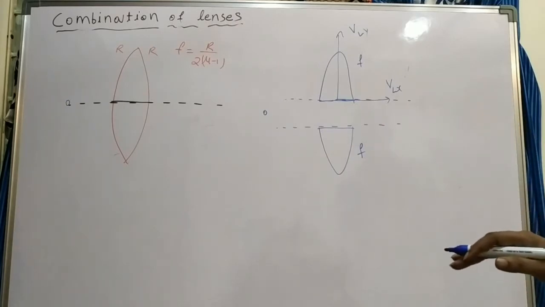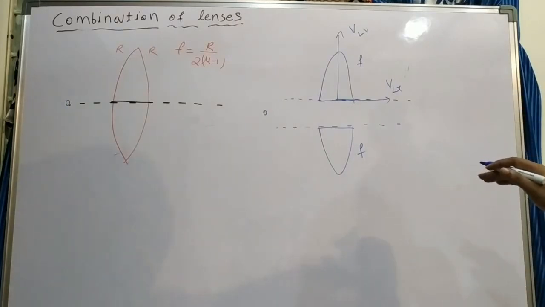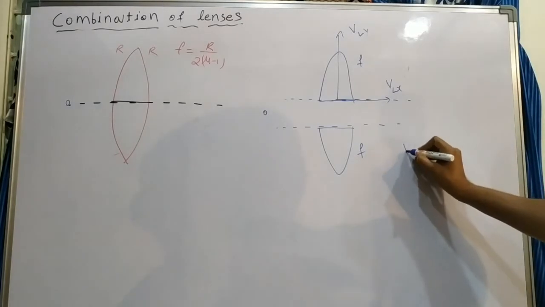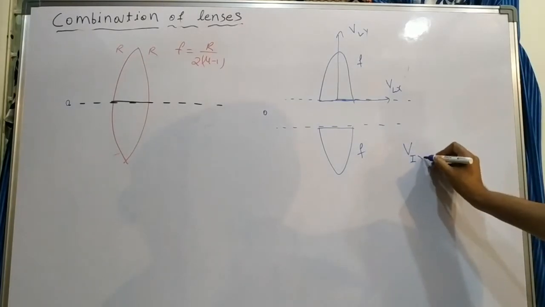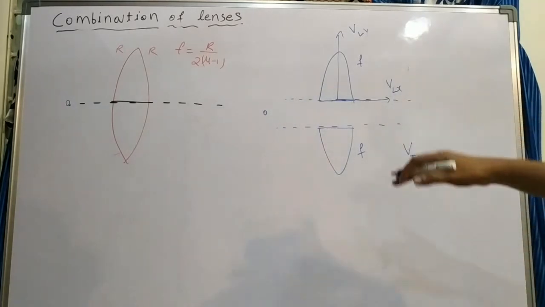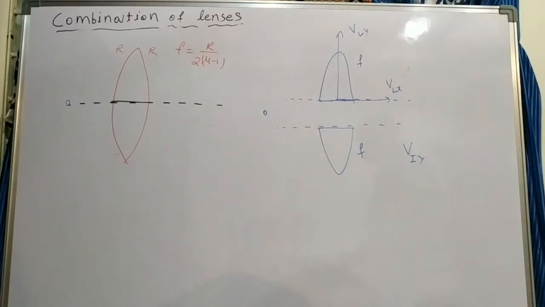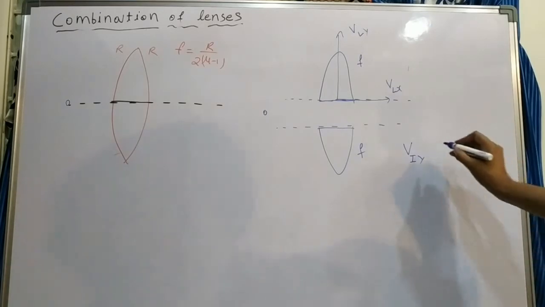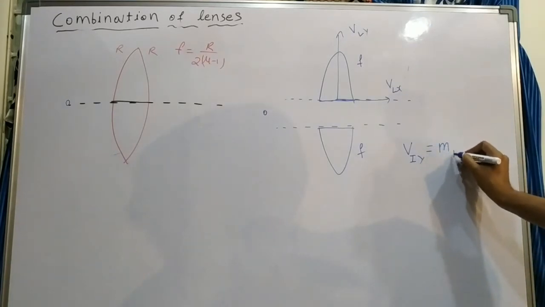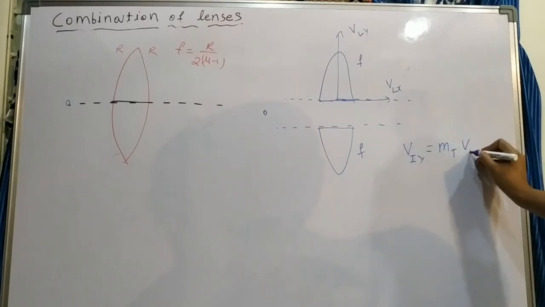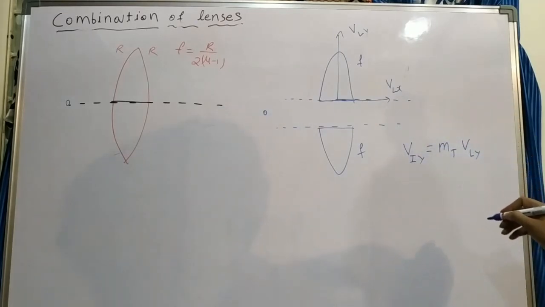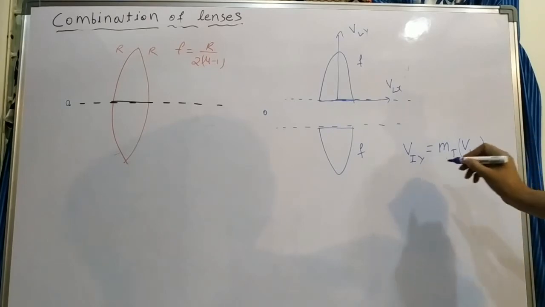We already discussed what the velocity of the image is. The velocity of the image in the y direction, nothing but the vertical direction, you can say transverse motion. For transverse motion, what is the formula? M transverse into the velocity of the lens in the vertical direction, that is VLy.